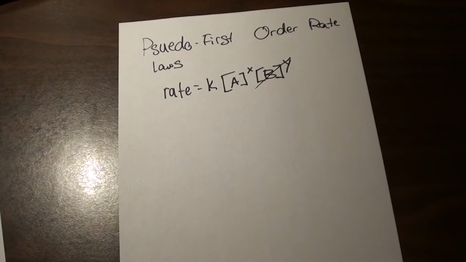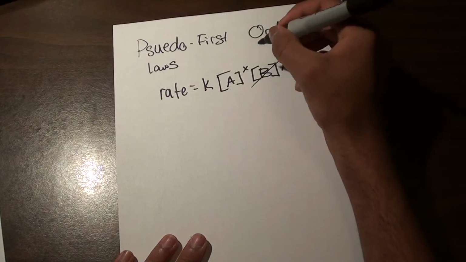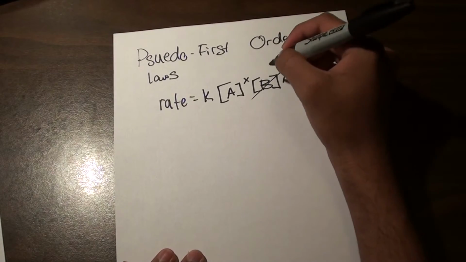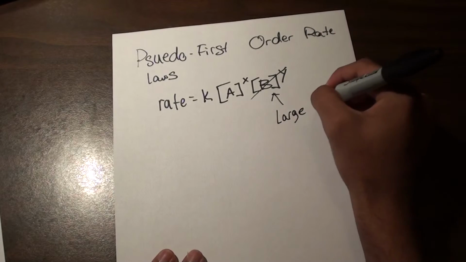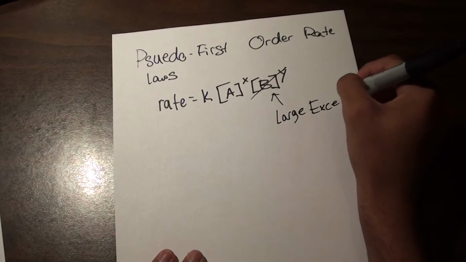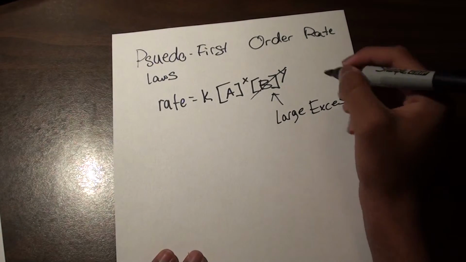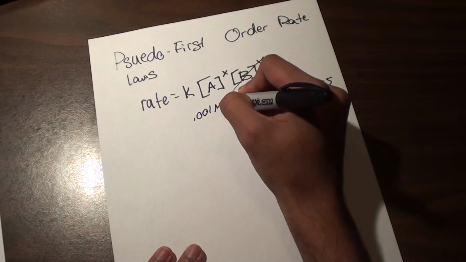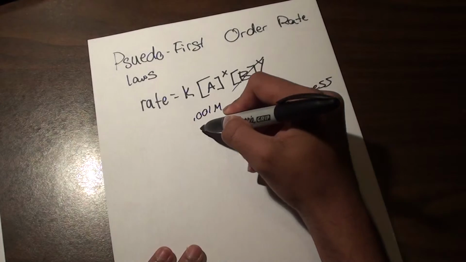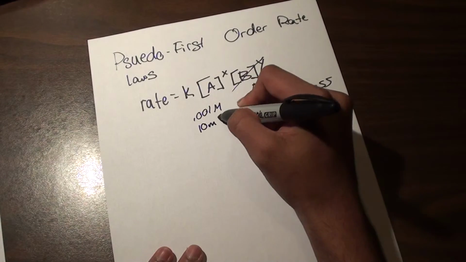How you do that is you experimentally create a large excess of one of your reactants. So let's say your concentration of A is 0.001 molar, and you have 10 milliliters of that.